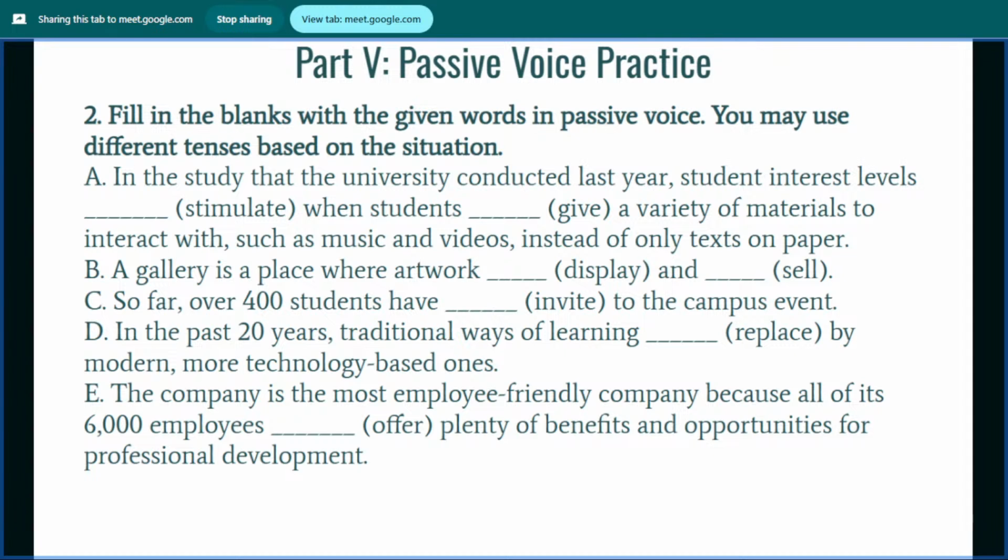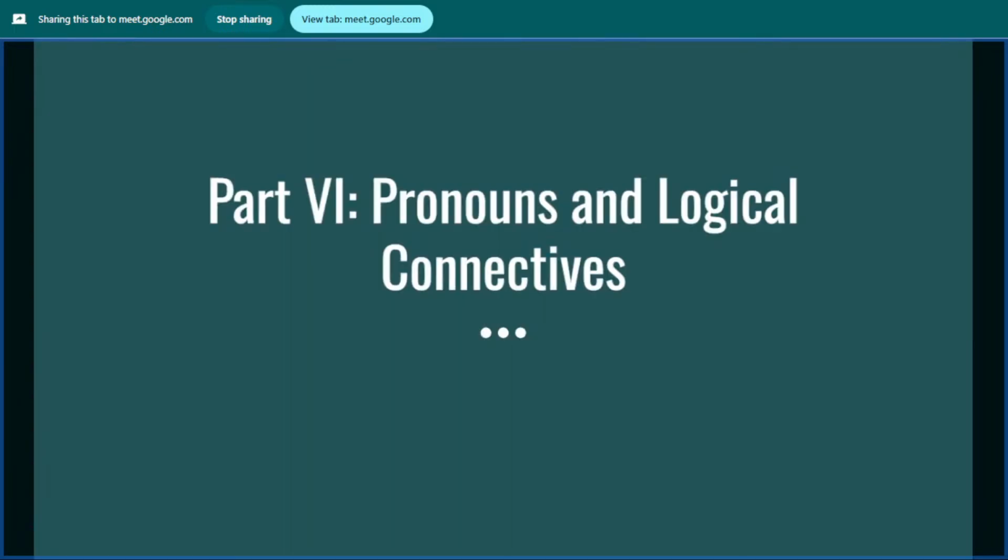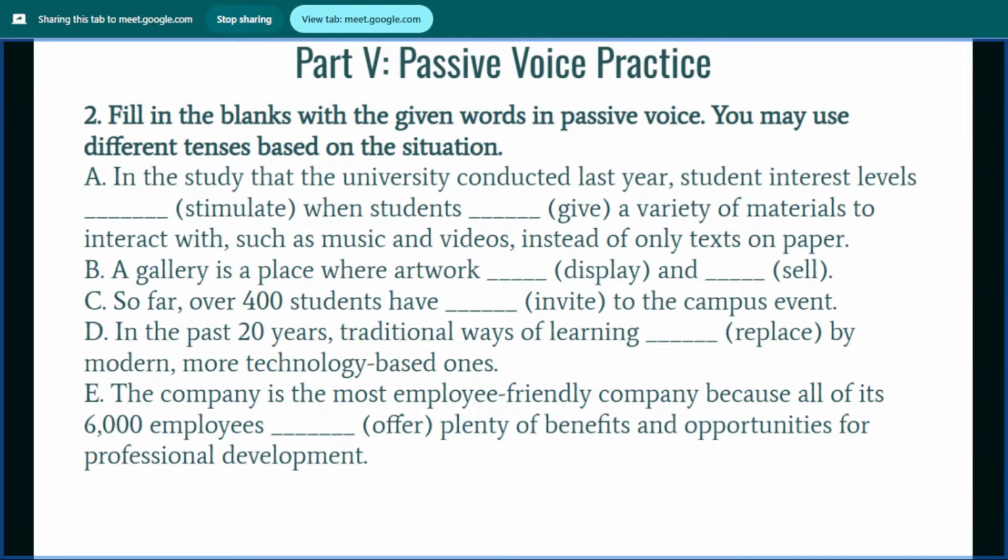Okay, wait, one second, I'm on the wrong exercise, I feel. Okay. Student interest levels are stimulated when students are given a variety of materials to interact with, such as music and videos, instead of only text on paper. But ma'am, it is talking about the study that the university conducted last year. Then can we use the present tense?